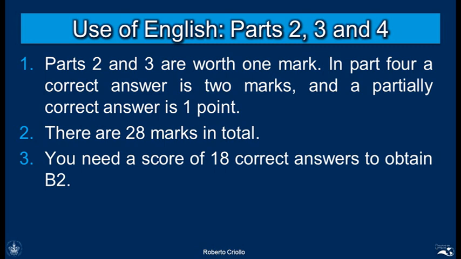So I want you to pay attention to this, because you have lots of opportunities to get the B2, because you can miss 10 points and still get a B2. And of course, if you have all of the answers correct, you will not have a B2, but you will have a C2, and this will give you the opportunity to get a lower score in another part of the test and still get the B2.